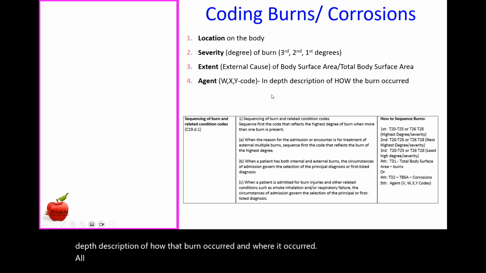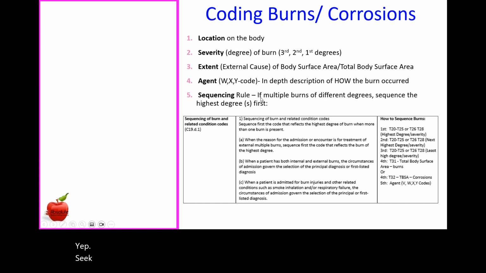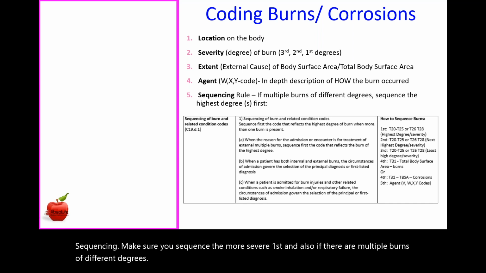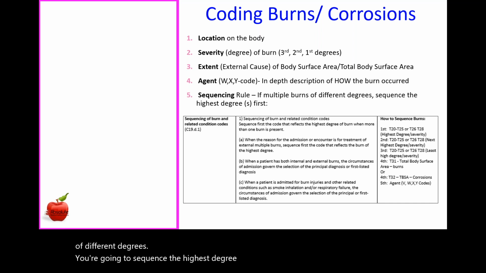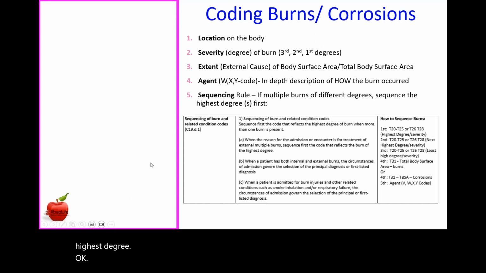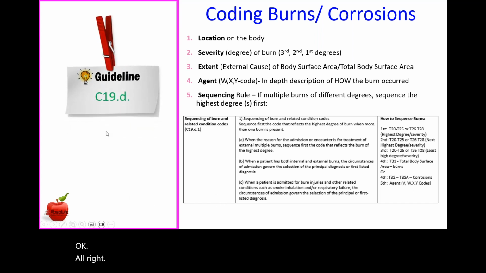All right, let me see. Is there anything else? Yep. Sequencing. Make sure you sequence the more severe first. And also, if there are multiple burns of different degrees, you're going to sequence the highest degree first. But if you have multiple burns in the same area, multiple degree burns in the same area, you're only going to sequence or code that highest degree. Okay. And don't forget, this is guideline C19.D.